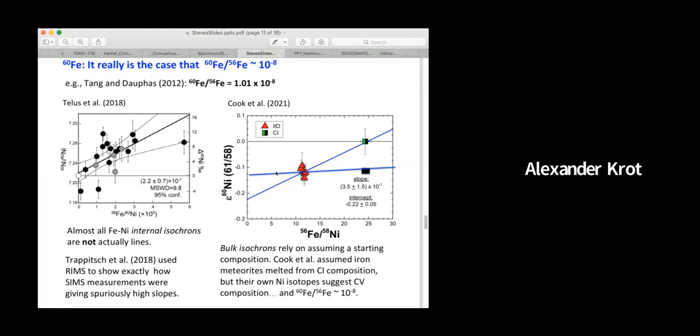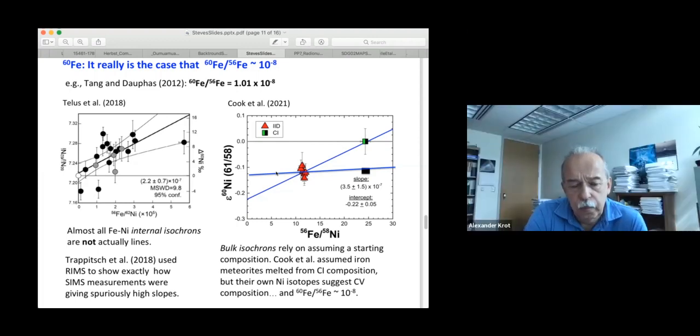Yeah, could I have a comment? Go ahead, please. Yeah, the main reason for controversy in the community, although the data that are shown on the left on Steve's slides indicate that there is no correlation between the excess of nickel 60 and iron to nickel ratio, still the data show excesses of nickel 60.